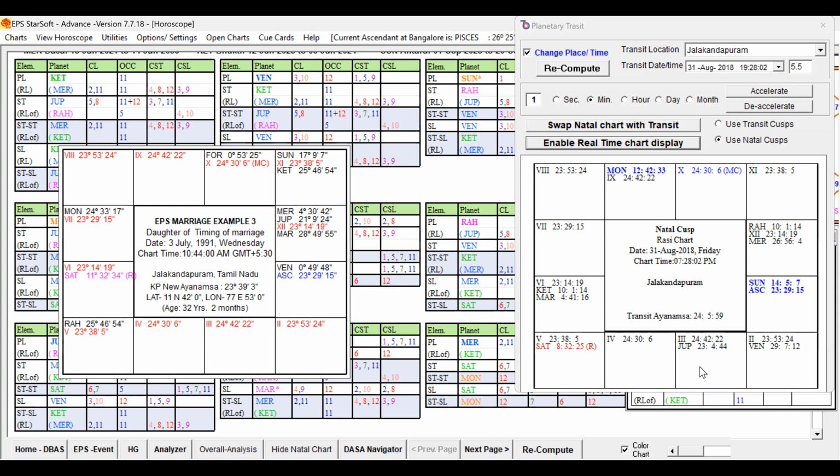Jupiter is aspecting the 11th house, and Jupiter is aspecting to the 7th house. Transit Jupiter, let me write here, is aspecting to the 7th house and also the natal moon and the 7th house.